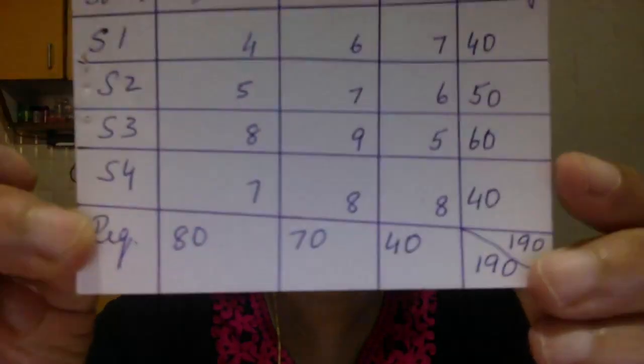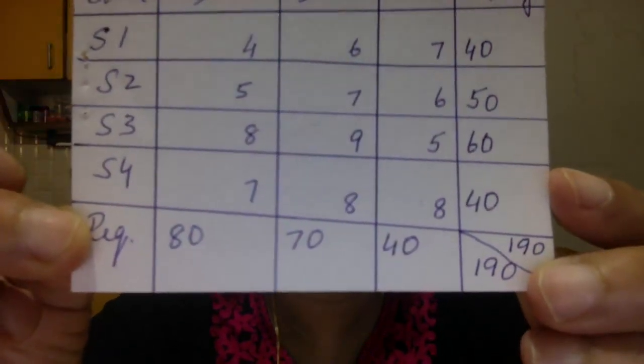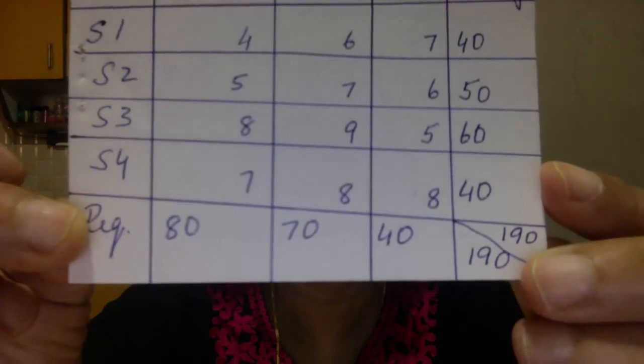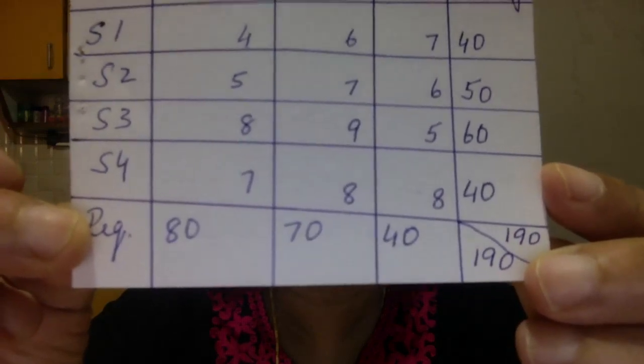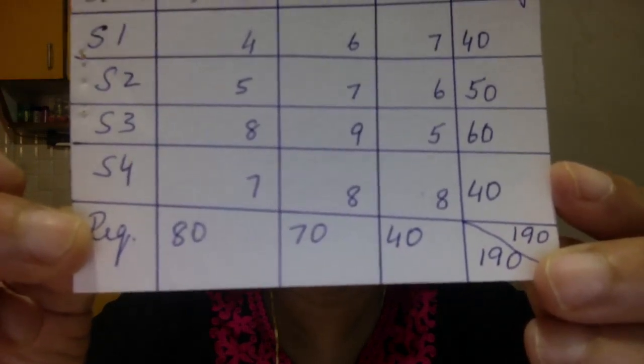It is 40, 50, 60 and 40, and our total will be 190. So our second matrix is ready. Aslam, just say, Aslam, Vidya, someone say okay, I'll proceed.